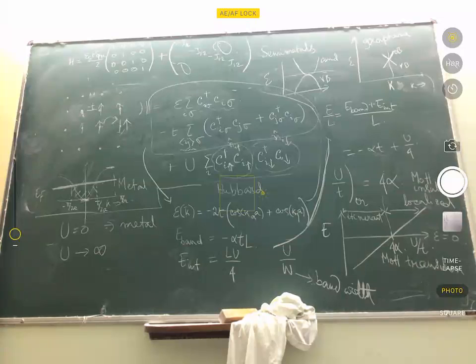So earlier, less than half filling, the physics was happening around the energy equal to 0 level. Here, the physics is happening around the energy equal to U level. Just think about it, okay?